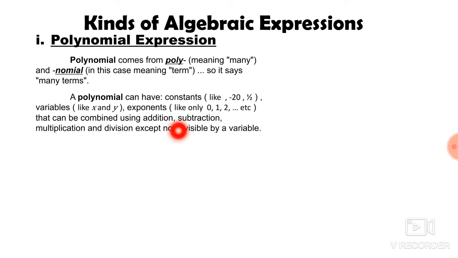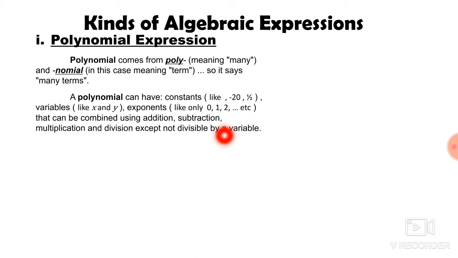A polynomial can have constants like minus 20, half, etc. Variables, any alphabet can be used. Exponents like only 0, 1, 2, 3, and so on. It can be combined using addition, subtraction, multiplication, and division, except not divisible by a variable.